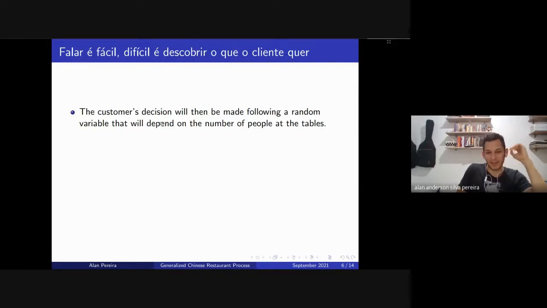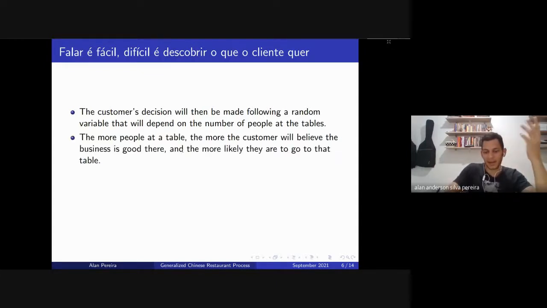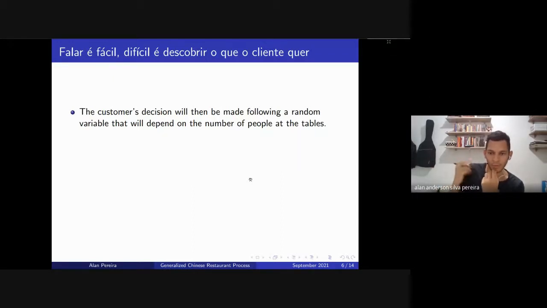Okay, the customer decision will be made, as said, randomly, and we will follow two parameters. The first one is about the decision, because the decision is based on the number of people at a table. If we think about a table, it can be counterintuitive that people will sit at the table where there are many people.